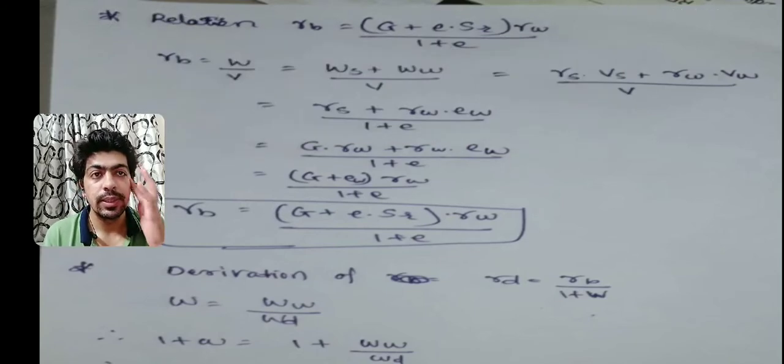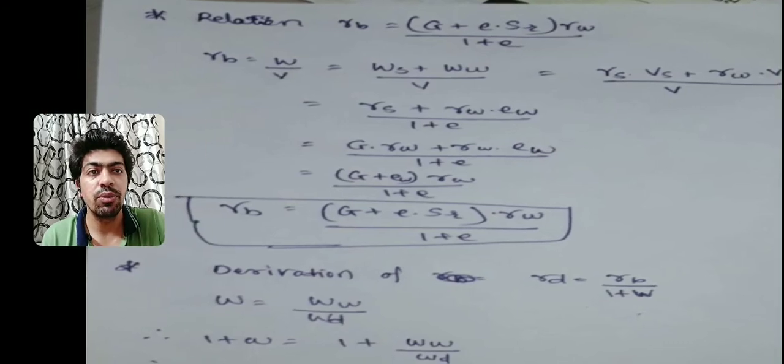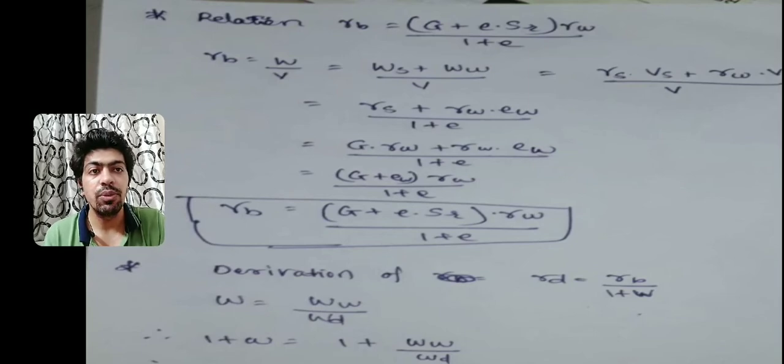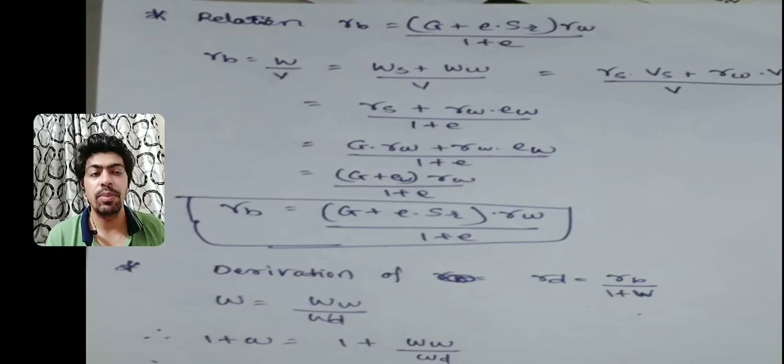So from this we can take gamma W as a common value, and it becomes G plus Ew into gamma W upon 1 plus e. So this is our equation. You can see Ew is equal to e into Sr. So our final equation becomes gamma B is equal to G plus e into Sr, into gamma W upon 1 plus e.